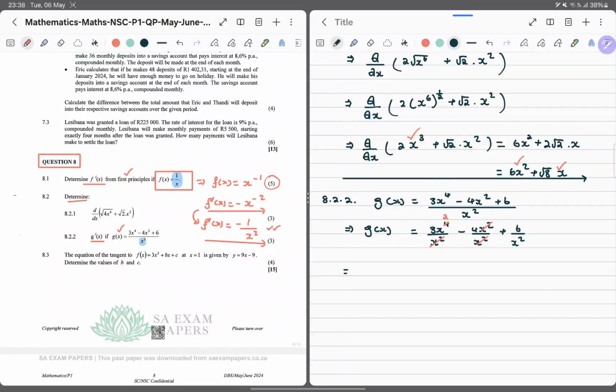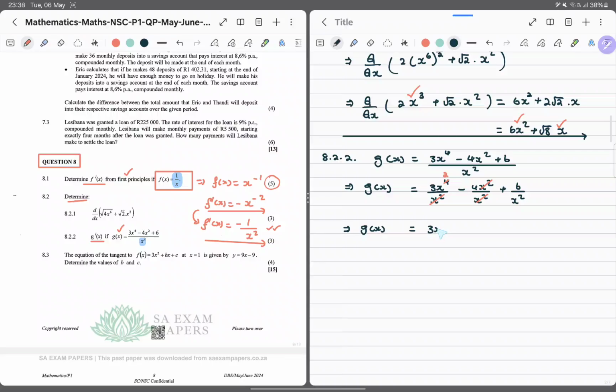Alright, so this still implies that g of x is equal to, now we get 3x squared minus 4. Then we know that this dude right here must go into the numerator, because we cannot differentiate with this in the denominator. So this is going to be plus 6x to the exponent minus 2.